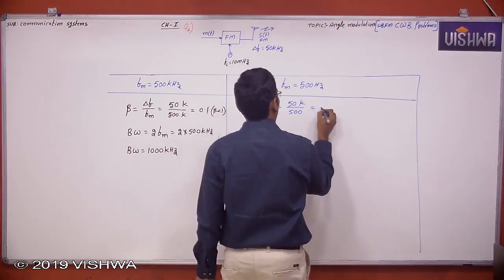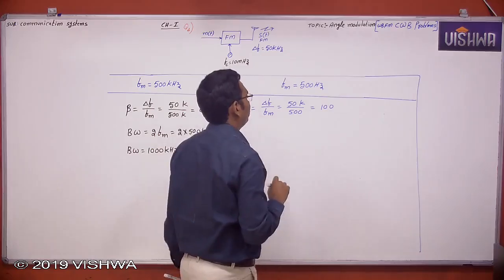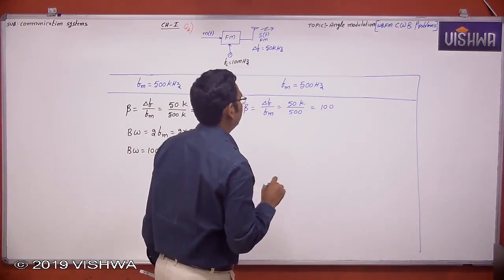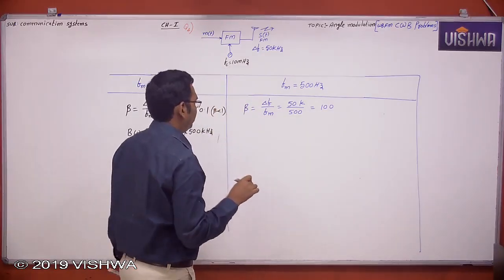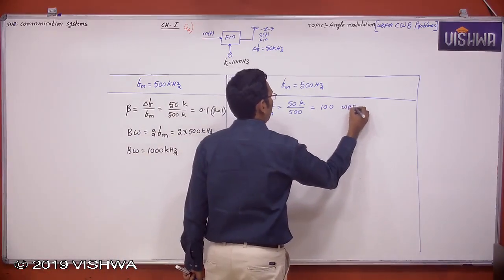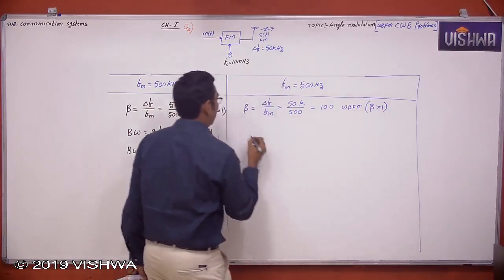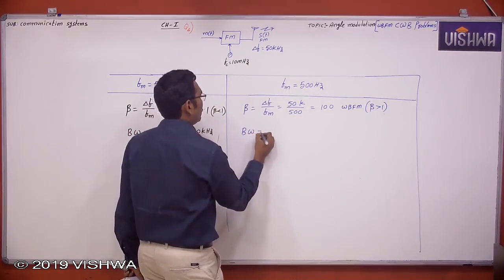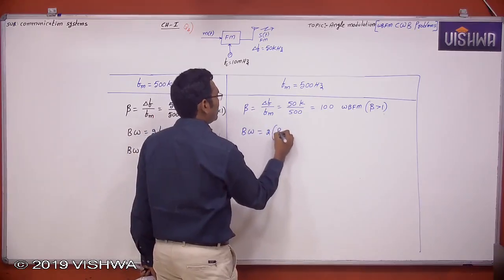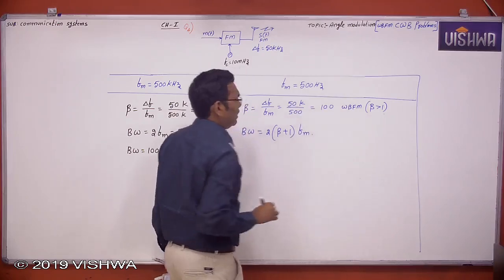Therefore, this is nothing but 100. Now this is wideband FM because beta is greater than 1. So now the bandwidth, you can utilize this formula, 2 into beta plus 1 into Fm.